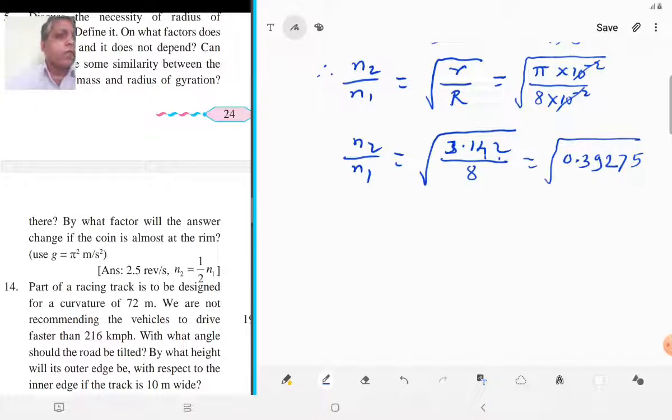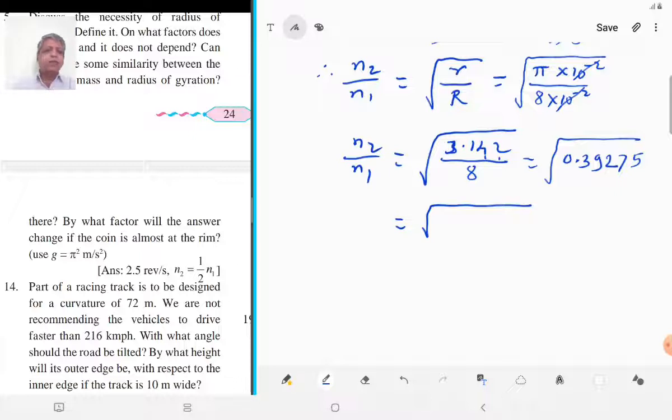Therefore this is equal to square root of 0.39275. Now see, we need the square root of a 4 figure number, but this number is less than 1. In our log table there are only 2 tables of square roots, the square root of 1 to 10 and the square root of 10 to 100.